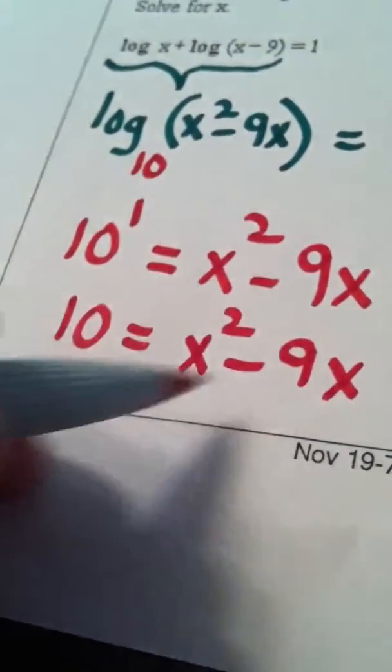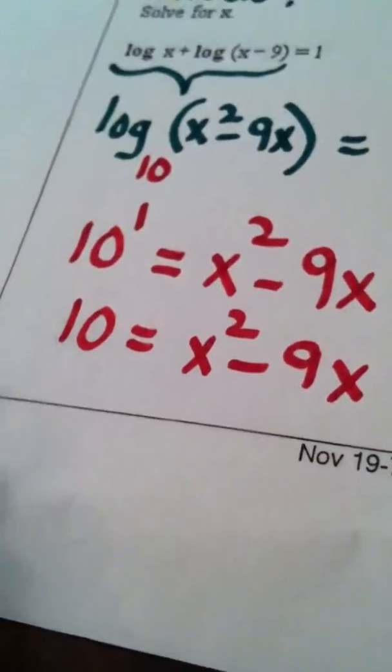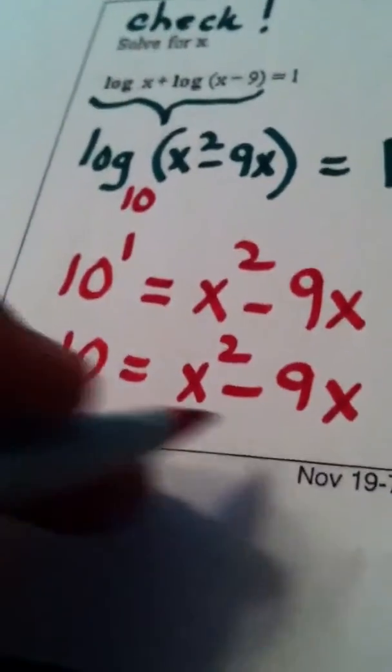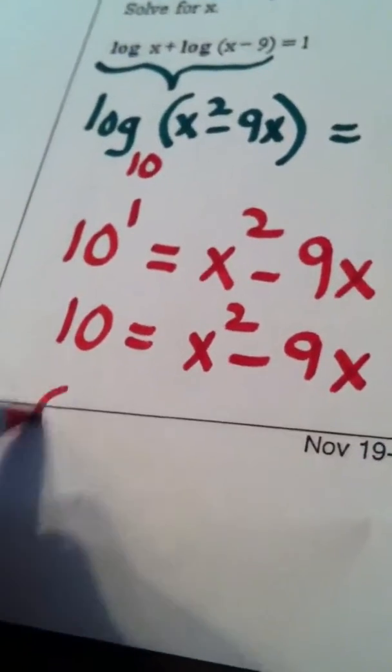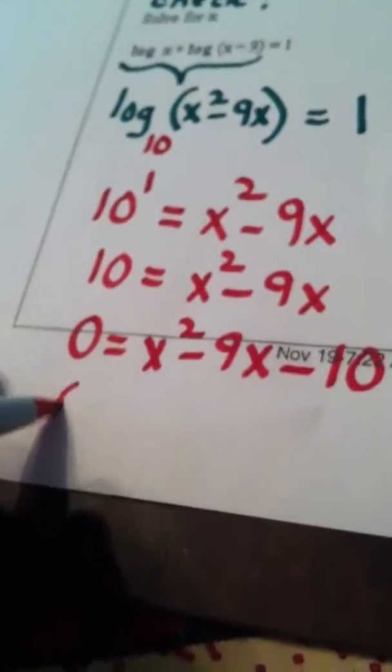This is a quadratic equation, so I'm going to write it in standard form and hope that it factors. If it doesn't, I'll go to the quadratic formula, but I hope it doesn't get that ugly on us. So we have 0 equals x squared minus 9x minus 10. And this does factor, quite easily actually.